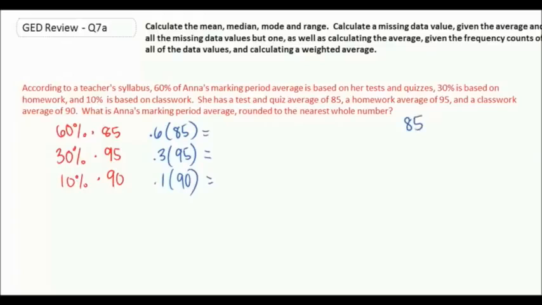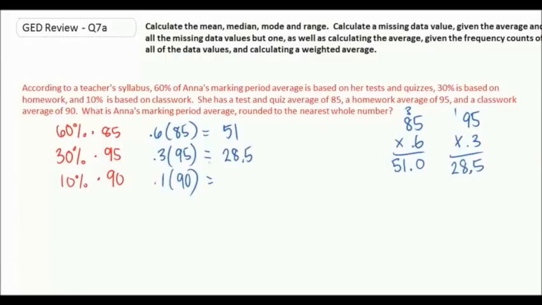So 85 times 0.6: 5 times 6 is 30, 8 times 6 is 48, plus 3 is 51, 1 decimal place, so the first part is 51. 95 times 0.3, that gives you 15, that gives you 28 with 1 decimal, so 28.5.